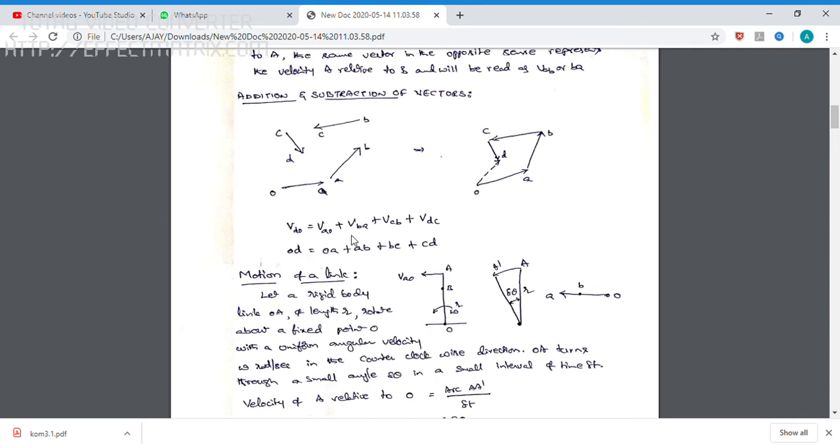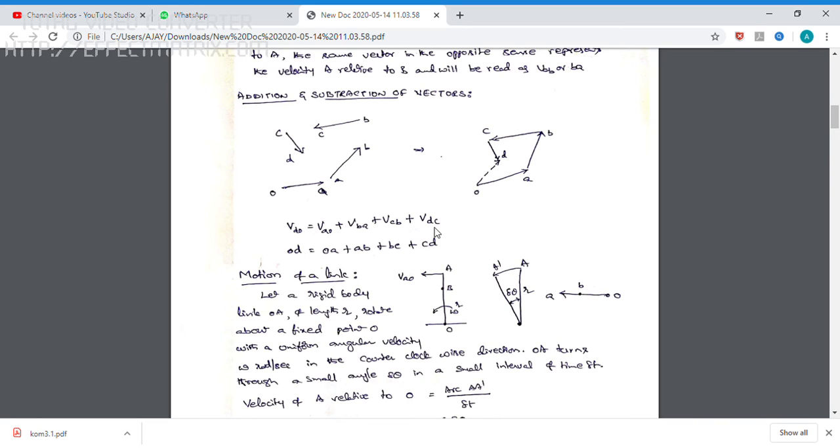Now, once again, to avoid confusion, it is better to write all these suffixes in reverse order. In the above equation, you write all the suffixes in reverse order. So you observe CD plus BC plus AB plus OA. You can write the equation either in this form or this form.